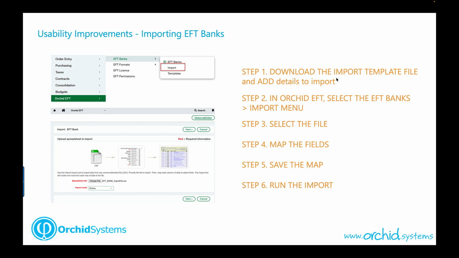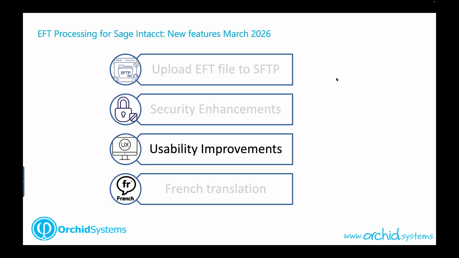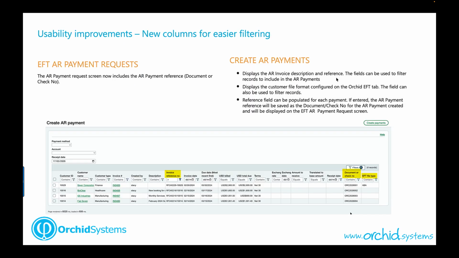We've just seen how we can now import EFT banks using the template provided in the online help. The next series of usability improvements relate to EFT for AR, and we've added new columns to the EFT AR payment request as well as to the Create AR payment screen.